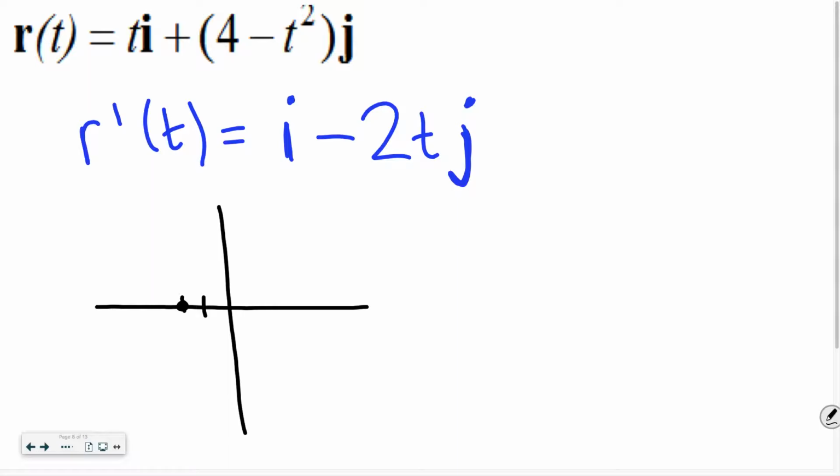At 0, we would have 0, 4. What about at t equals 1? You have 1, 3. And then 2 would be 2, 0. So what happens, we have this parabola.